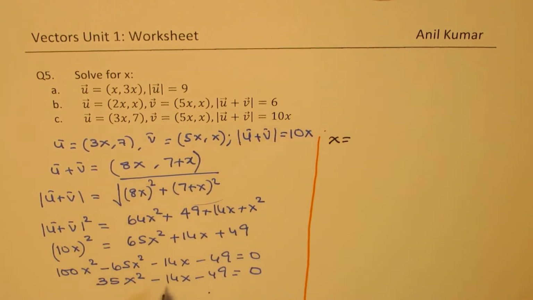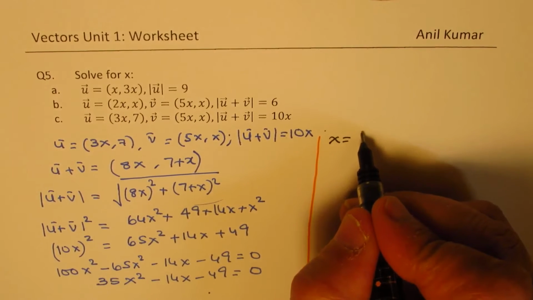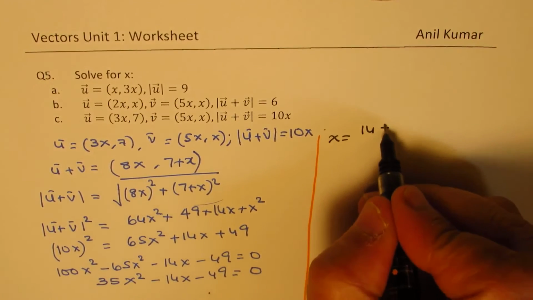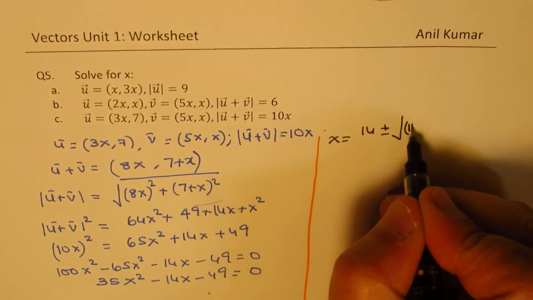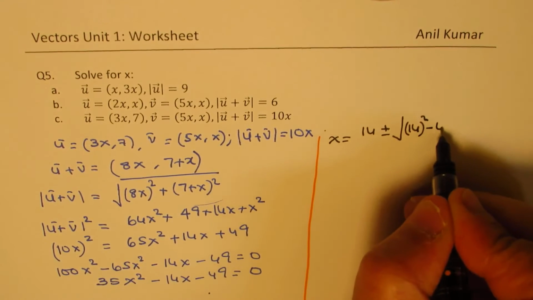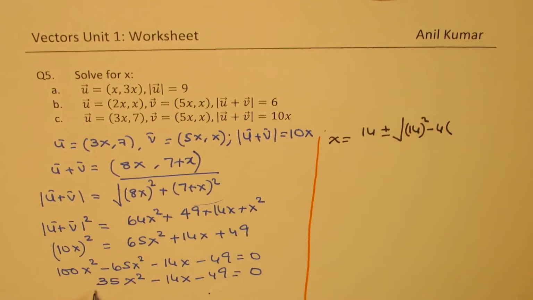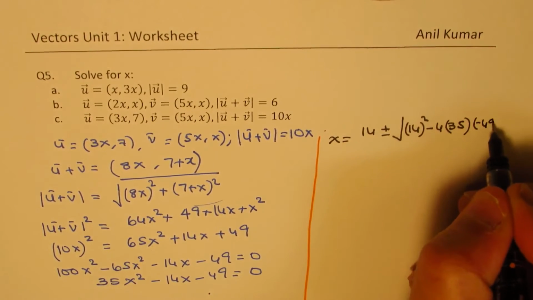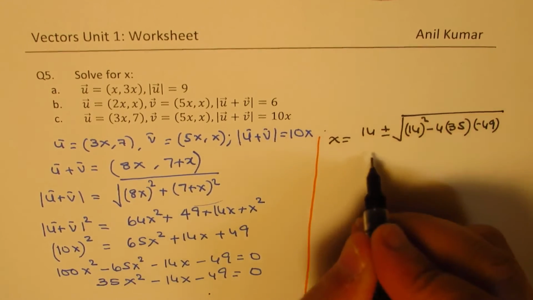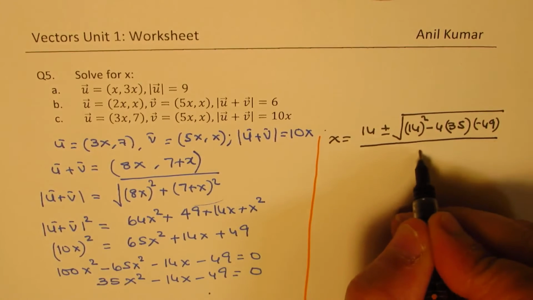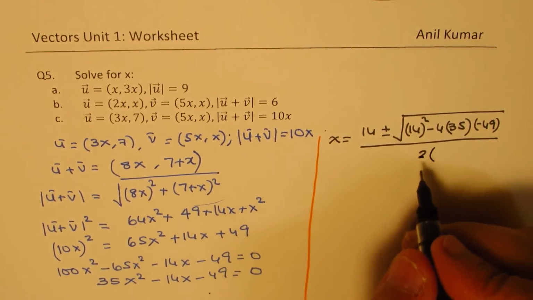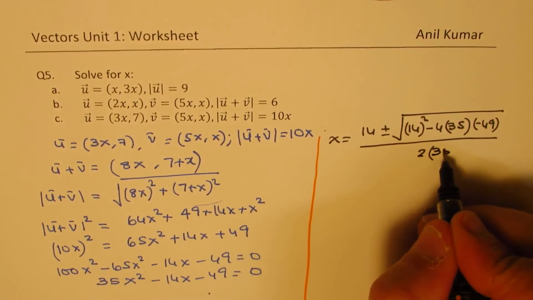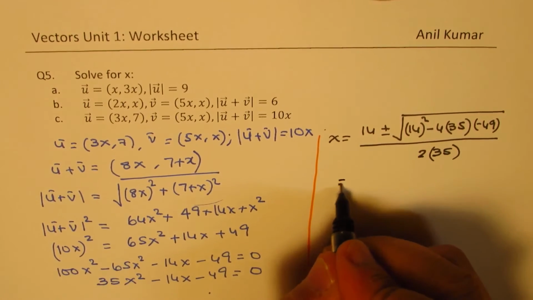So x equals minus of minus 14, which is 14, plus or minus square root of 14 squared minus 4 times, so quadratic formula, 35 times minus 49, correct, square root, over 2 times 35, correct?